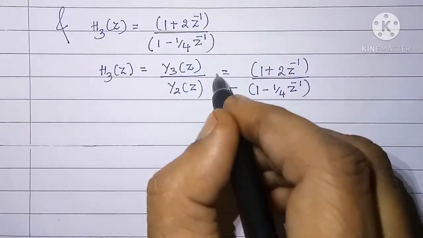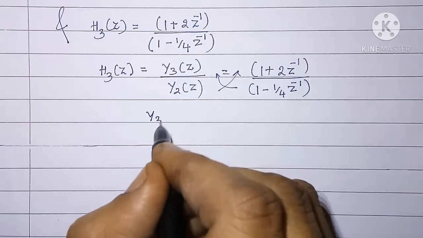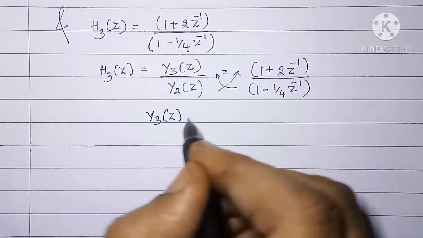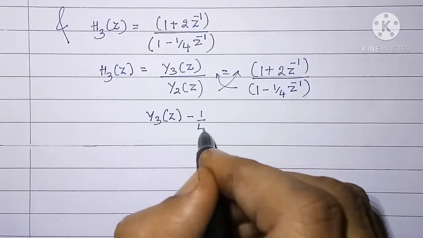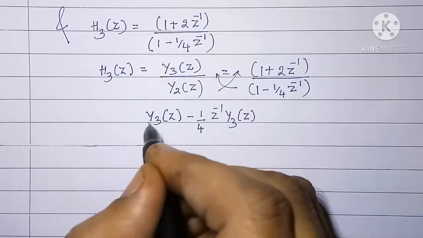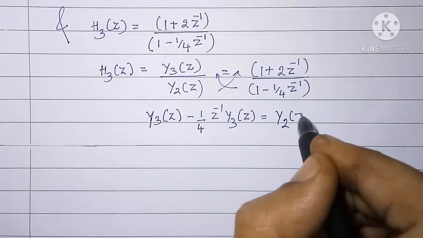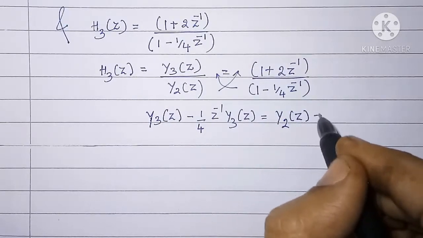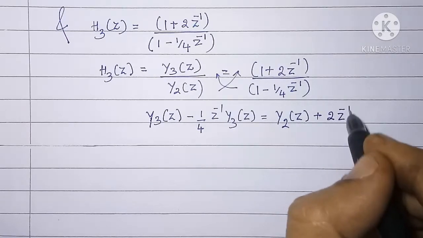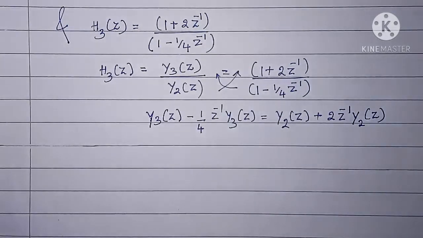Cross multiplying we get y3 of z minus 1 by 4 z raised to minus 1 y3 of z equal to y2 of z plus 2 into z raised to minus 1 into y2 of z.